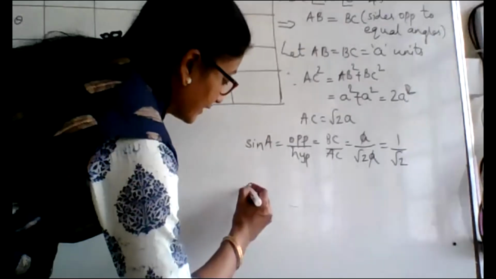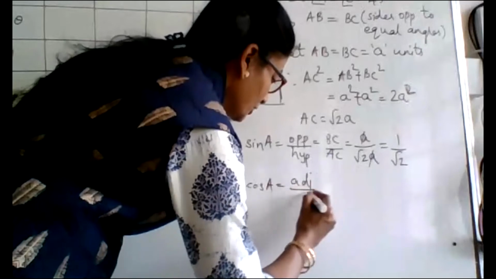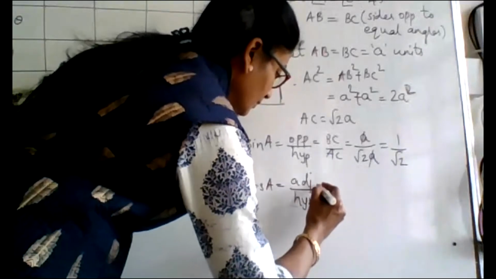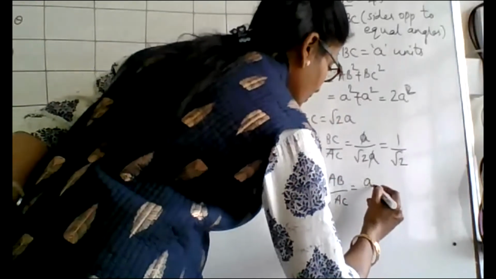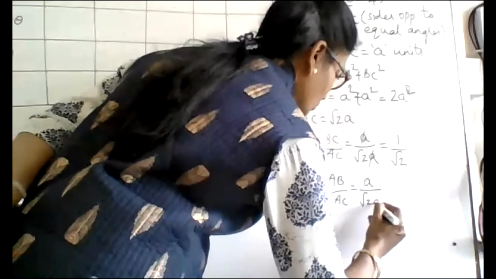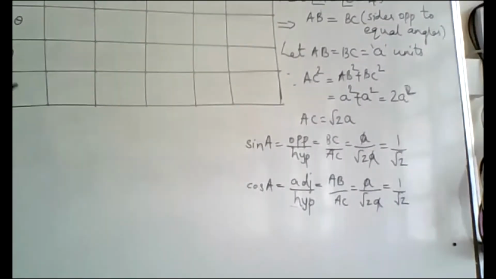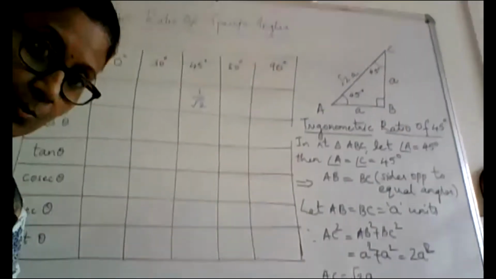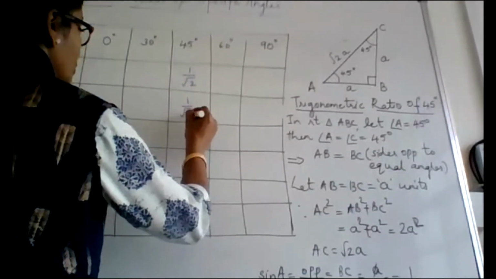Now cos of A is adjacent by hypotenuse. So your adjacent is AB and your hypotenuse is AC. Again your adjacent is A and this is root 2 times A. A and A will get cancelled, so I get 1 by root 2. Again I got my cos of angle 45 also as 1 by root 2. So I write this as 1 by root 2.